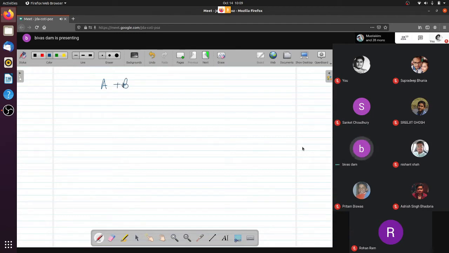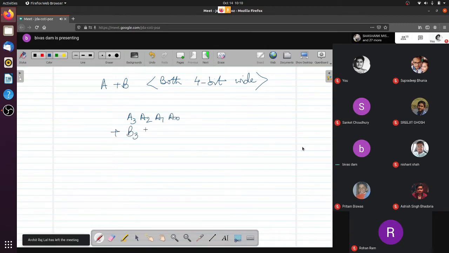So to add two 4-bit numbers, A and B, what can be the width of the result?